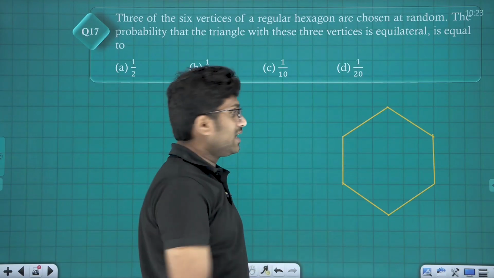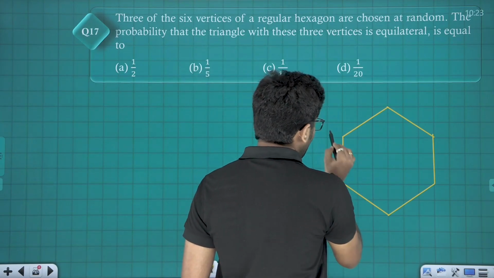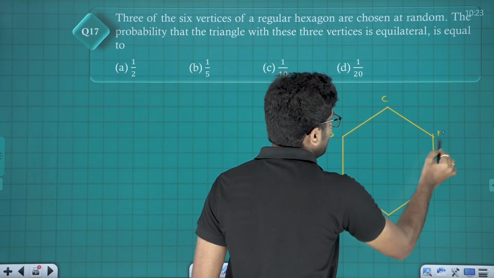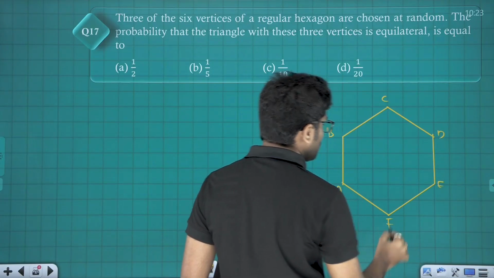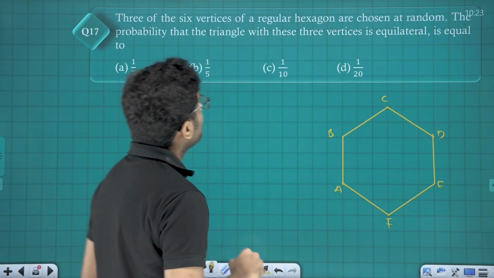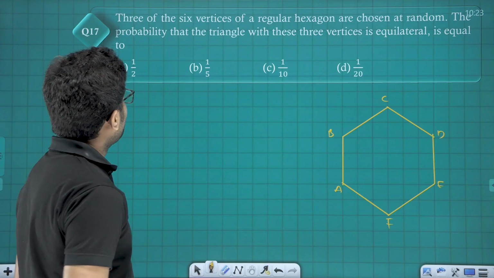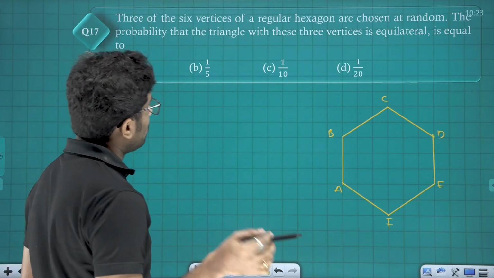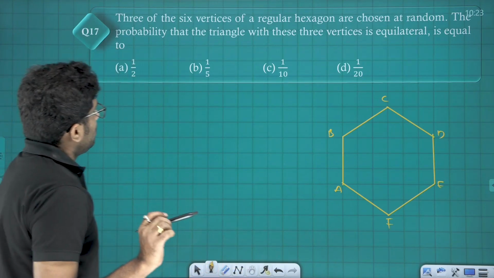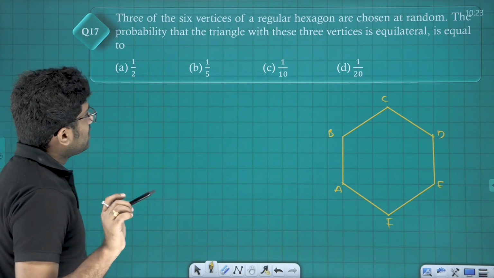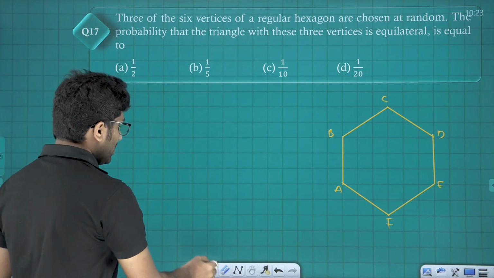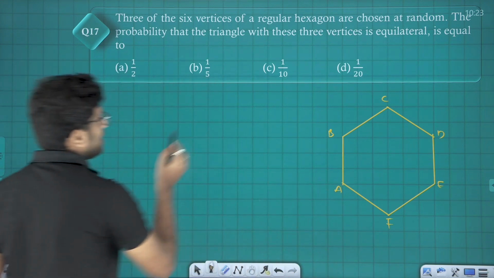We are given a regular hexagon. So A, B, C, D, E, F are the 6 vertices of this regular hexagon. Three of the 6 vertices are chosen at random. We need the probability that the triangle with these 3 vertices is equilateral. First, what is our sample space?